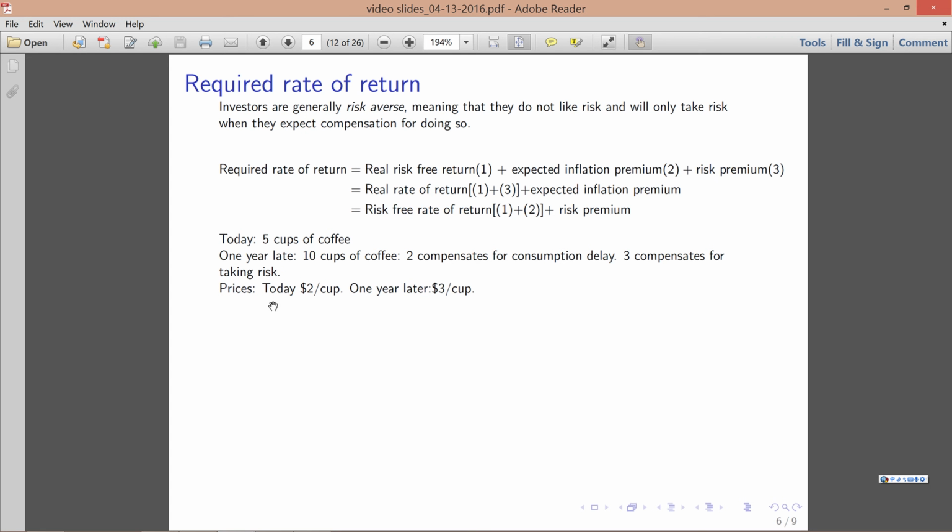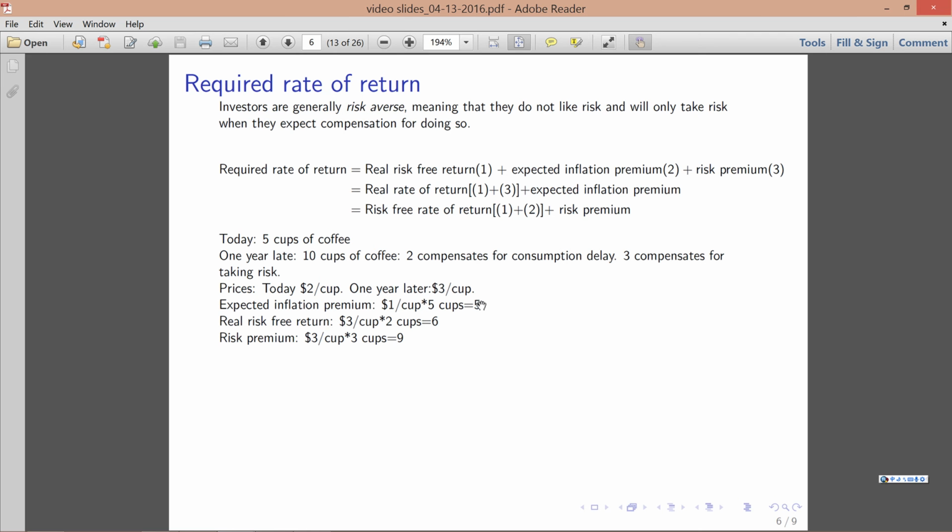Now the price today for coffee is $2 per cup, and 1 year later it becomes $3. So in this case, our required compensation for inflation will be $1 increase in price times the 5 cups. So that's $5.